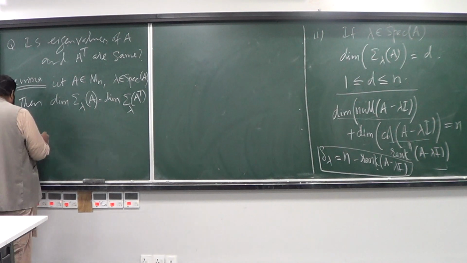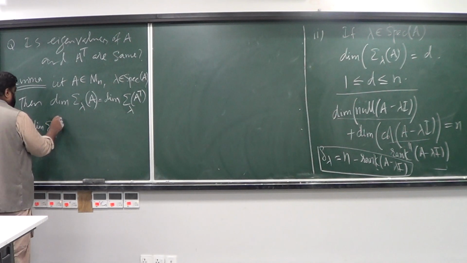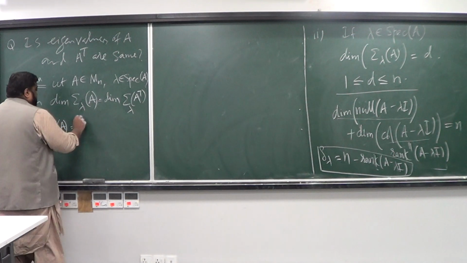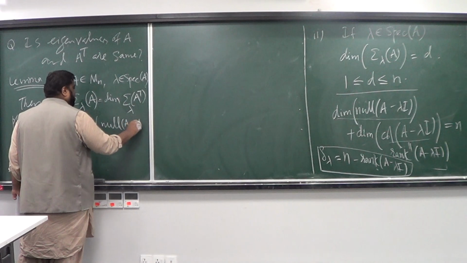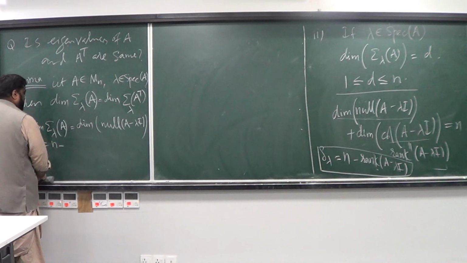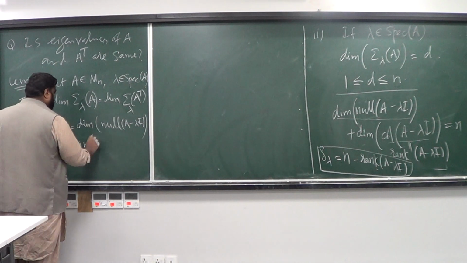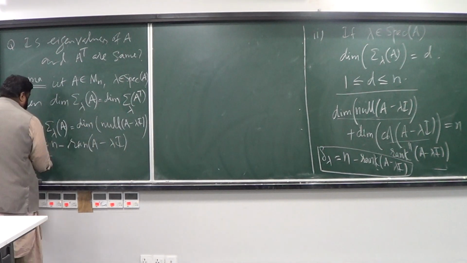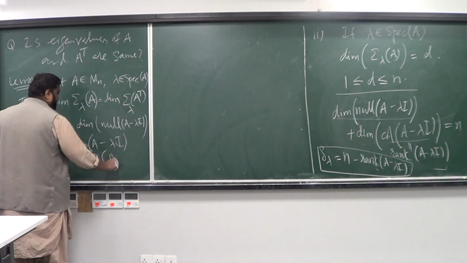Let's explicitly compute the dimension of the eigenspace of the matrix A associated with lambda, which is the same as the dimension of the null space of the matrix A minus lambda I. From that, I can say this is the same as n minus the rank of the matrix A minus lambda I. But the rank of A minus lambda I is the same as the rank of its transpose.